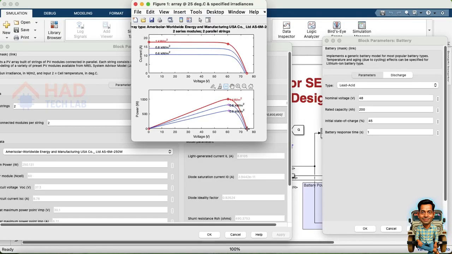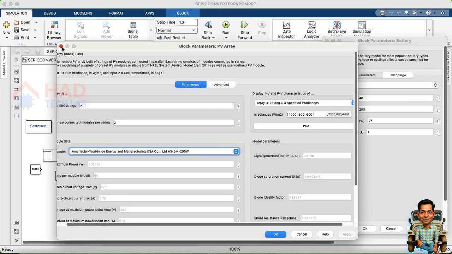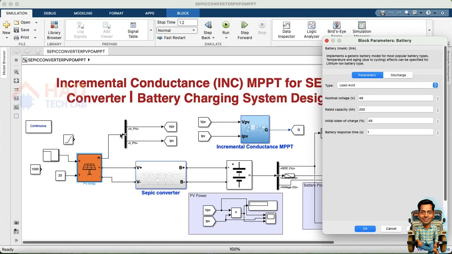You can see that the open circuit voltage is nearly 73.8, approximately we will take 75 volts. The battery voltage is nearly 48 volts. Therefore, the output voltage is lower than the input voltage. That's why we introduce the SEPIC converter to reduce the input voltage to the battery side.